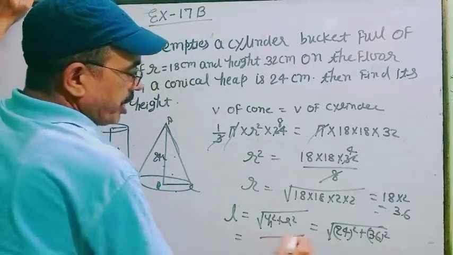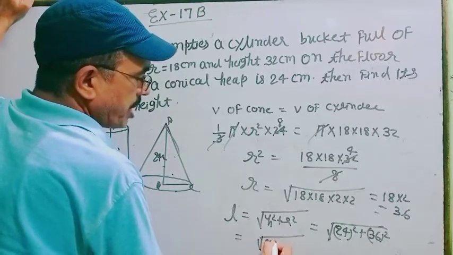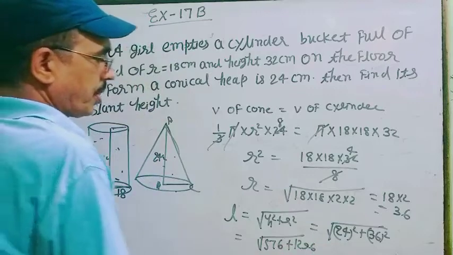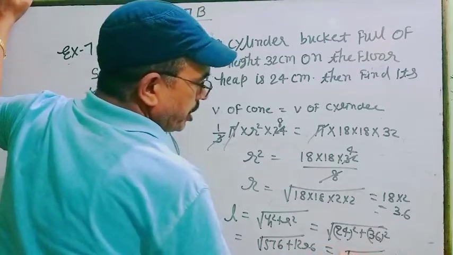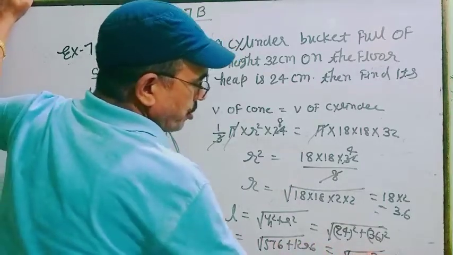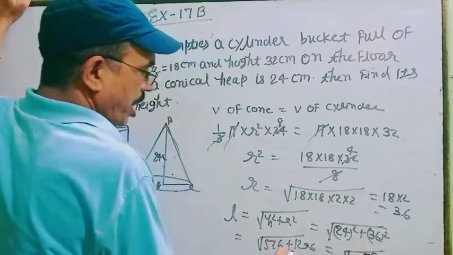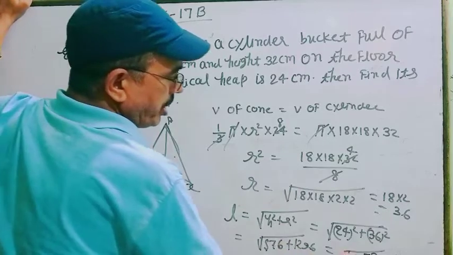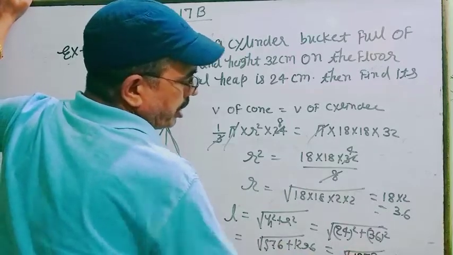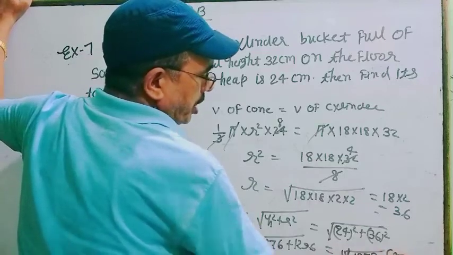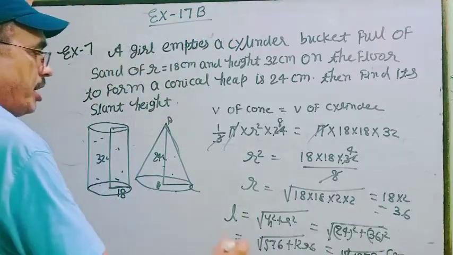Then you write it is equal to 576 plus 1296. So then you add it, you get 6 plus 6 is 12, 9 plus 7 is 16, and so on, 1872, and the root of 1872 cm is the slant height of the conical heap.